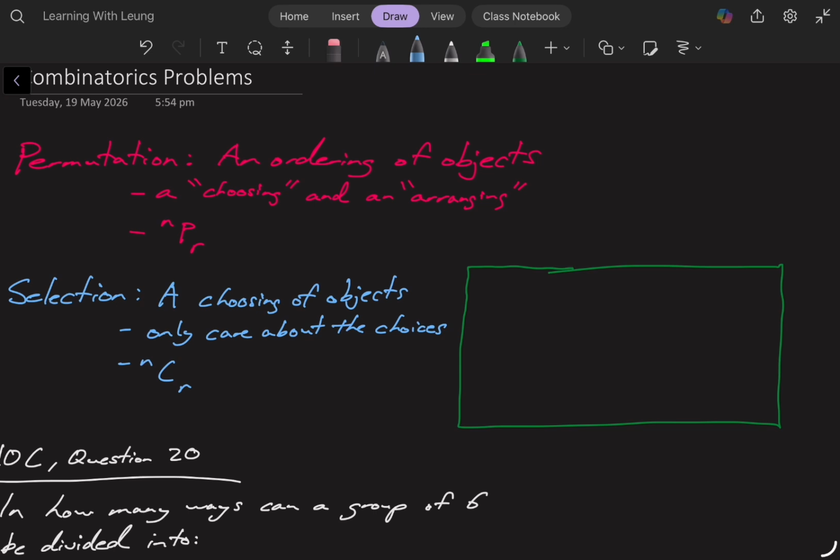It's usually represented by something that we call NCR, that is, choose R things out of a group of N objects, okay? This is for when order doesn't matter, basically. Maybe we should write that. Order doesn't matter.